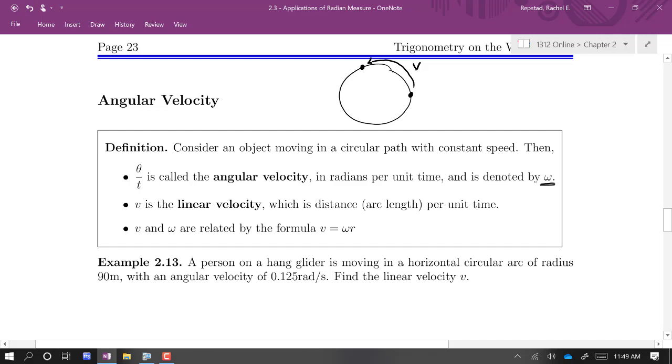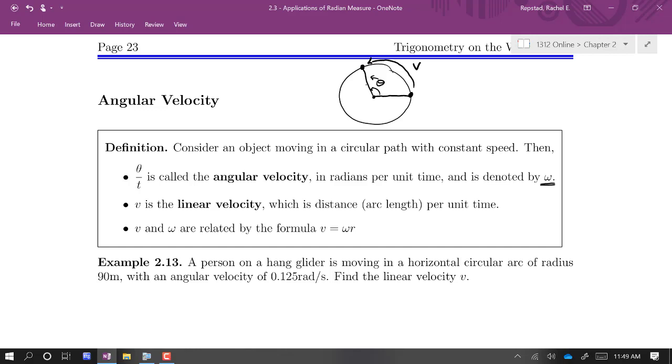And it's in things like feet per second or centimeters per second or kilometers per hour or something. And you compare that to this angle theta and how fast it's moving. And theta over unit time is omega. That's our angular velocity.